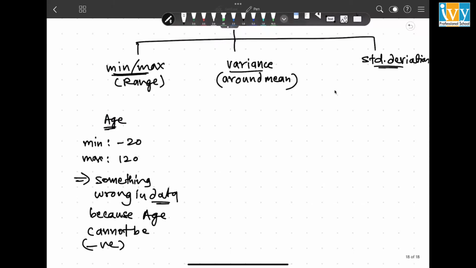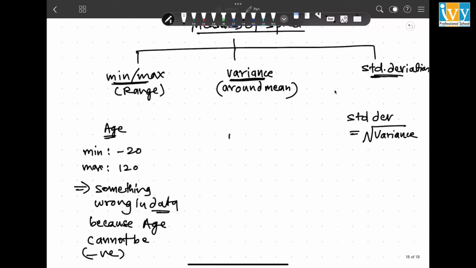What about variance? Variance is important, and variance is linked with standard deviation. Essentially, standard deviation is nothing but the square root of variance. But what is variance, first of all? We try to understand the variation of all the values around the mean value. How do we compute this? Taking an example, let's say 1, 2, 3, 4, 5, 6, the first six natural numbers.